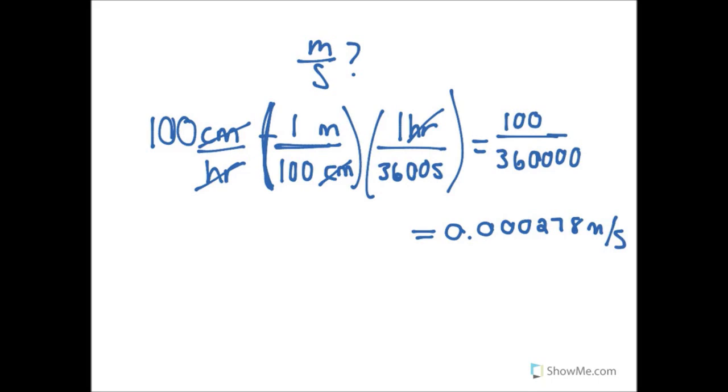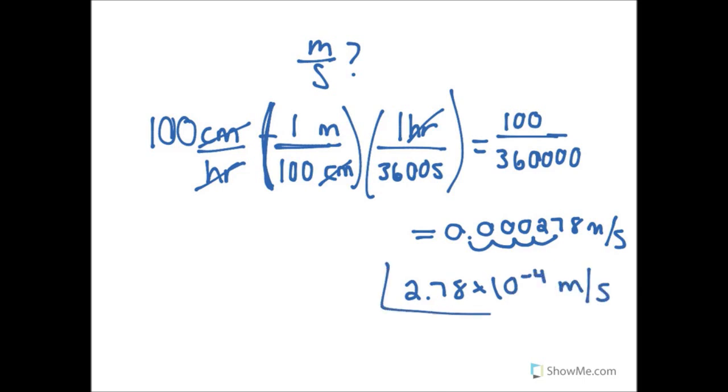Or, if we want to write this in scientific notation, 1, 2, 3, 4, from yesterday, we have 2.78 times 10 to the negative 4 meters per second. Because sometimes those numbers are just a little bit easier to look at.